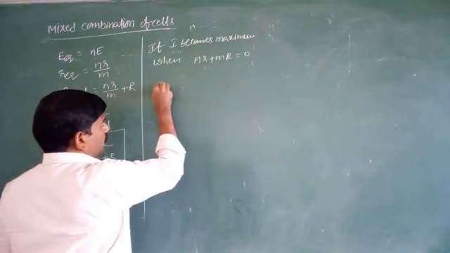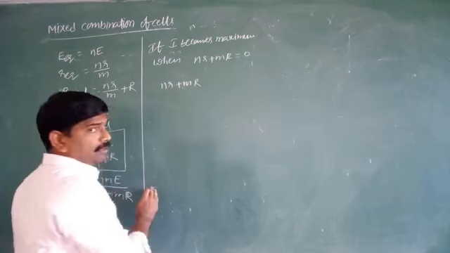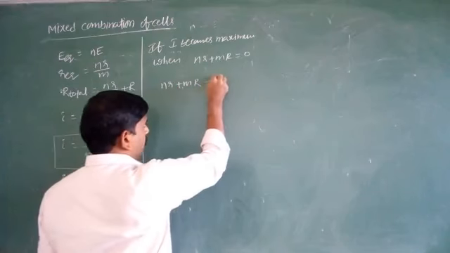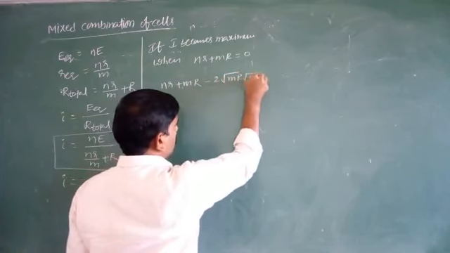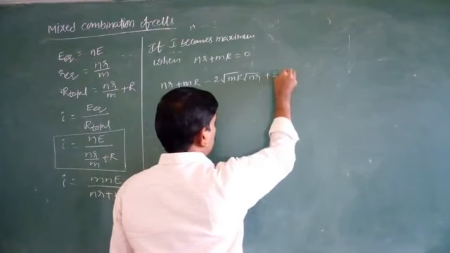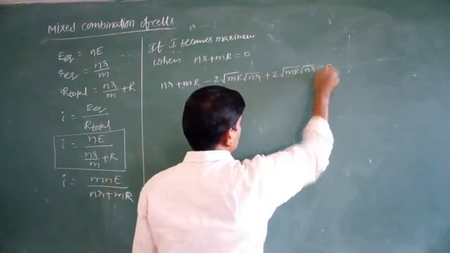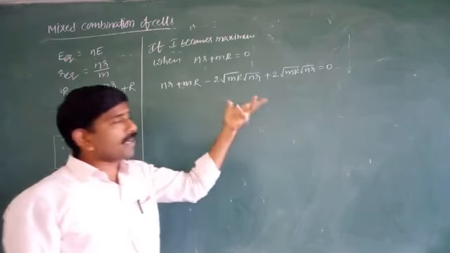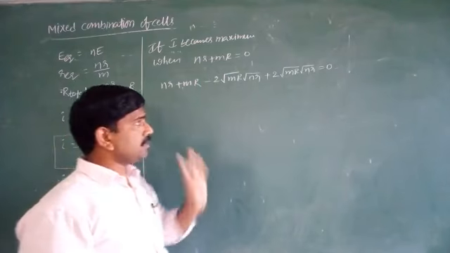So here observe this one. From this, n into r plus m into capital R, minus 2 into square root of mR into square root of nr, plus 2 into square root of mR into square root of nr is equal to 0. We added and subtracted the same term, so that value does not change.